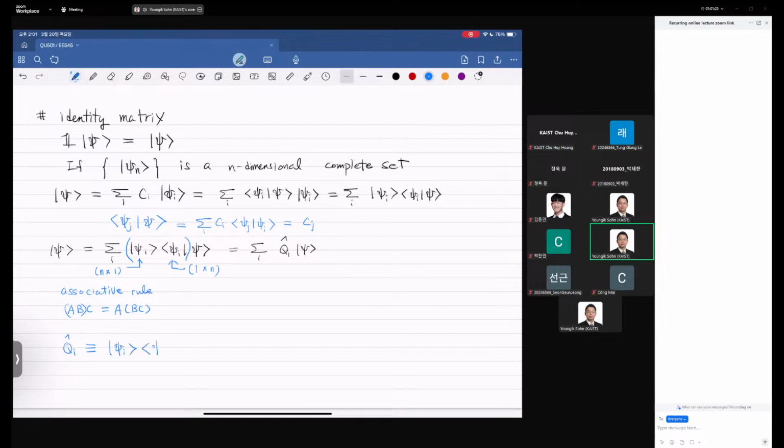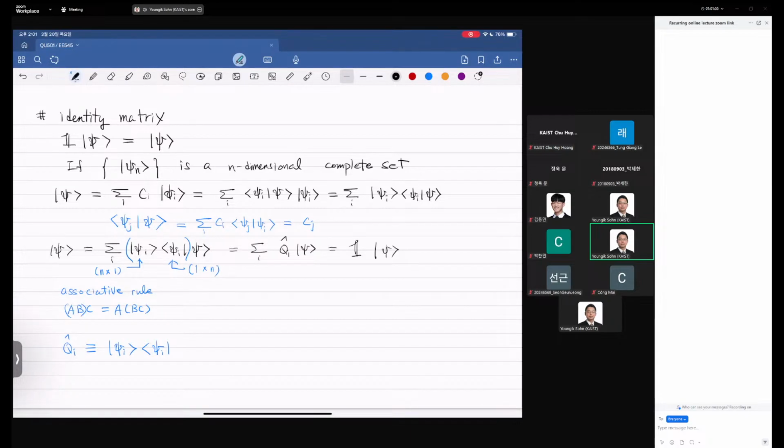Ket bra. Ket bra is giving you the same quantum state ket and bra. If you do it, you'll get an n by n matrix. And obviously this one is the same as our original starting point psi, right? So instead of writing psi, let me write down some operator, the identity operator, 1, and psi.